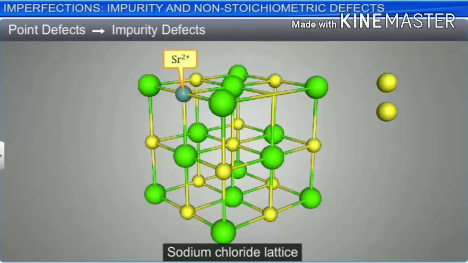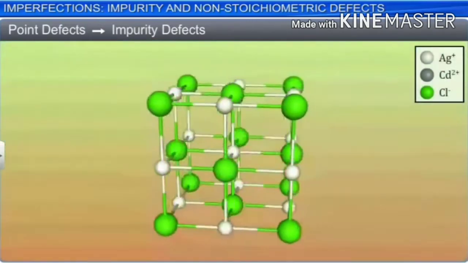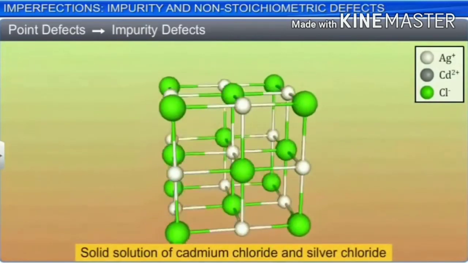Each Sr2+ ion replaces 2 Na+ ions. Sr2+ occupies the site of one sodium ion and the other site remains vacant, which results in the creation of cationic vacancies in the crystal. The number of cationic vacancies is the same as the number of Sr2+ ions present in the crystal. Another similar example is the solid solution of cadmium chloride and silver chloride.